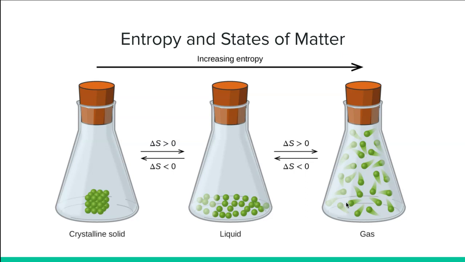But then when we go from a gas and we condense into a liquid, now all of a sudden we have a negative change in entropy. Okay? And then, again, if we go from liquid and we freeze into a crystalline solid, it's a reduction in the entropy of the system. So then we talk about delta S being negative because the change is negative. It's becoming less entropy as we move towards that state, a less entropic state.